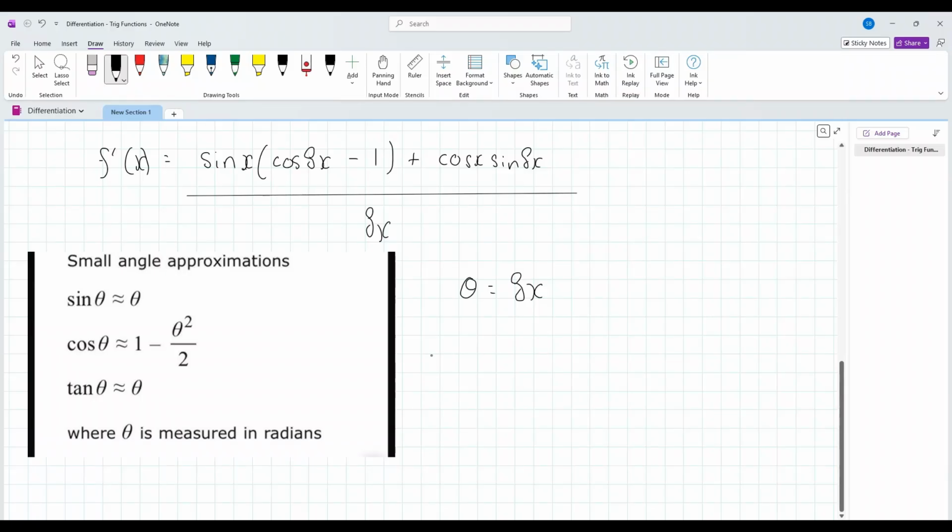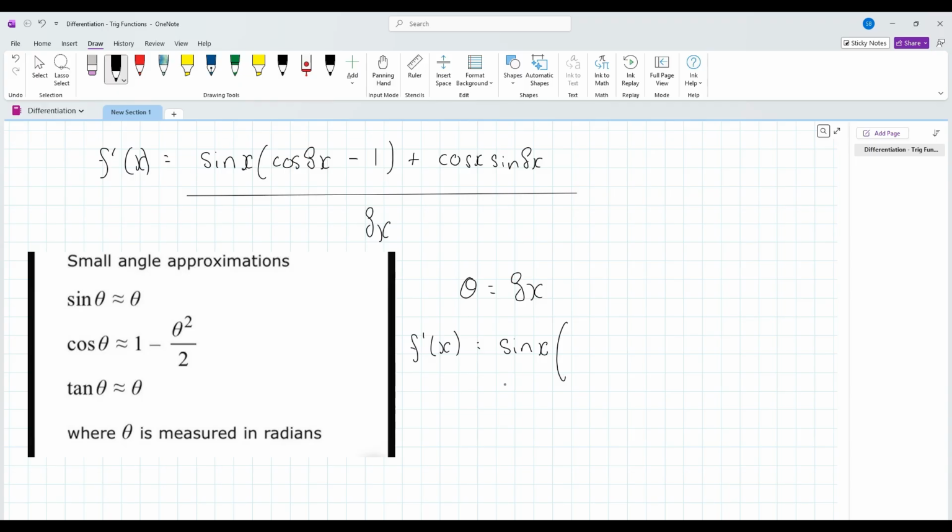So substituting this into our equation for f dash of x, we get f dash of x equals sine of x brackets.